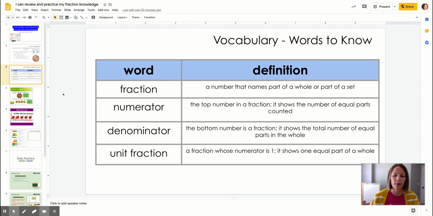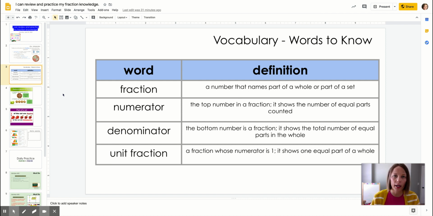Now, as we talk about fractions, there are some words that we should know. One vocabulary word that's really important is the word fraction. This is a number that names part of a whole, or also could be part of a set. So a fraction is always less than 1 because it is part of a whole object or a whole set.